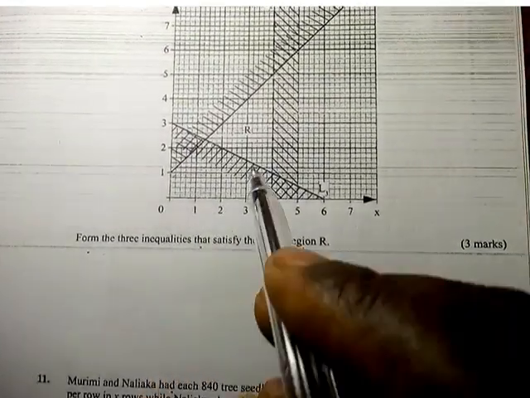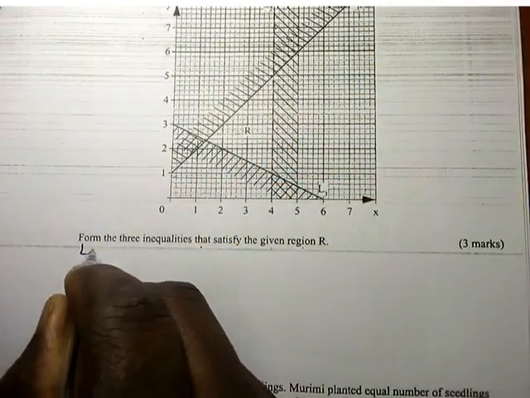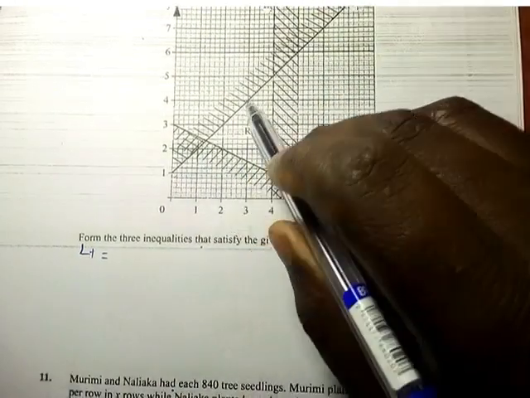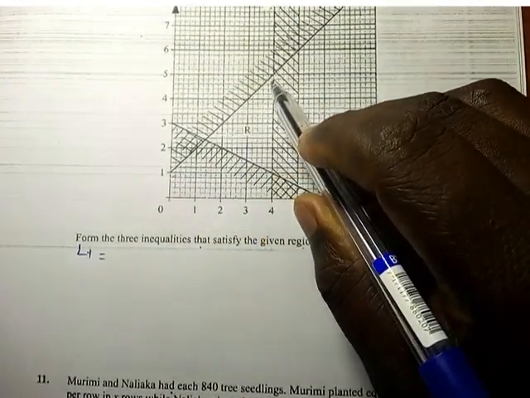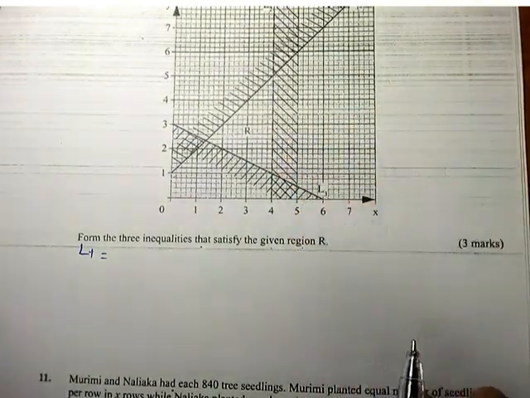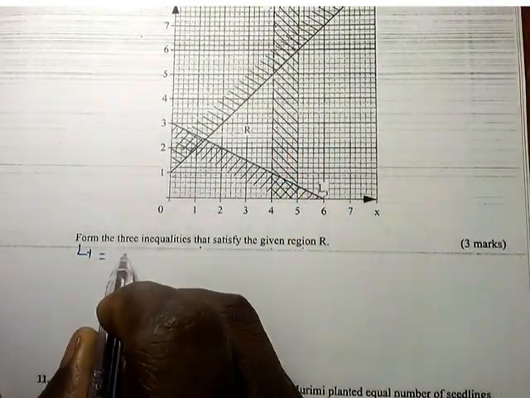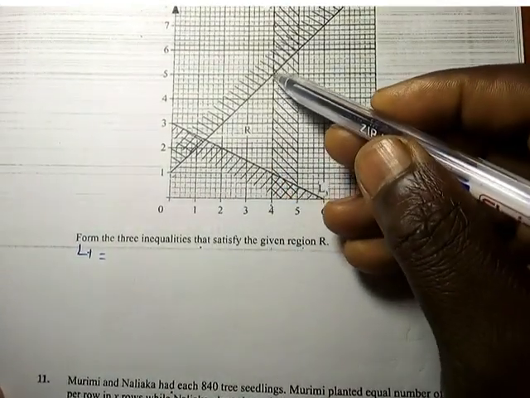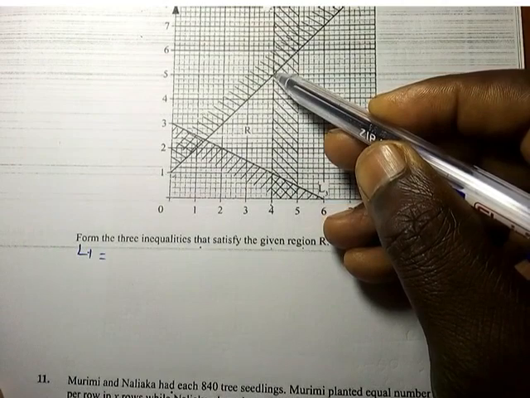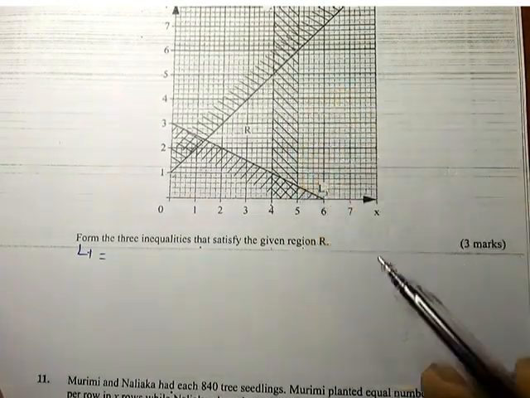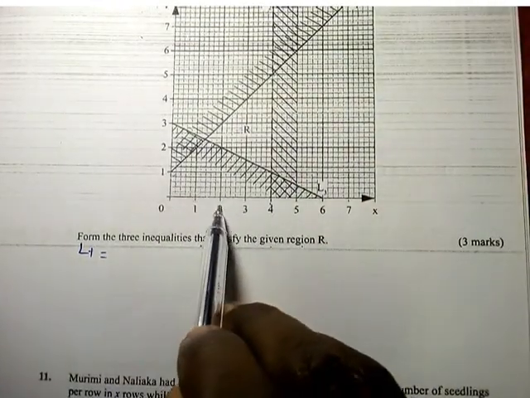So let us start with line L1. To get it, you must take two points, find the gradient, find the equation. So you must understand how to get an equation of a line, and then you will be able to write that. So the 2 points are, you can take the point 4 and 5, and another point at 2 and 3.